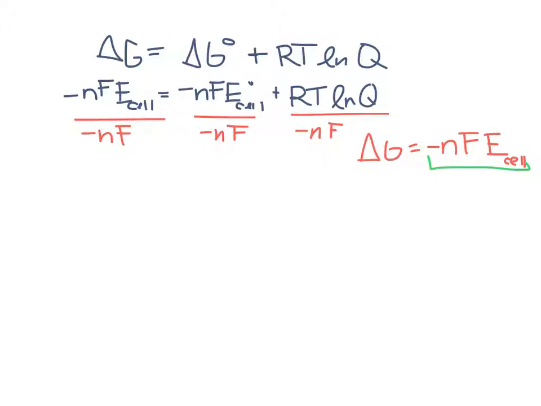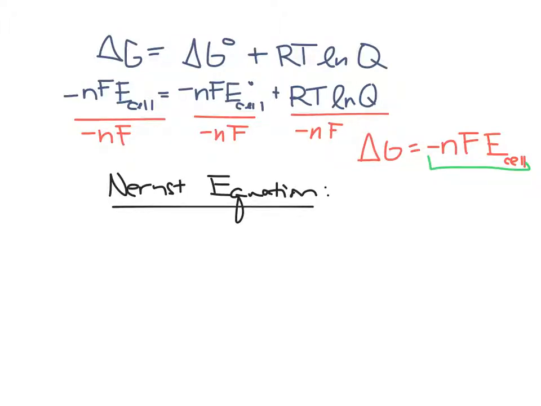We'll end up with this really clean looking equation called the Nernst equation, which is that the electrical cell potential for any electrical cell should be equal to the standard electrical potential minus the gas constant times temperature in Kelvin divided by the moles of electrons transferred times Faraday constant times the natural log of the reaction quotient.